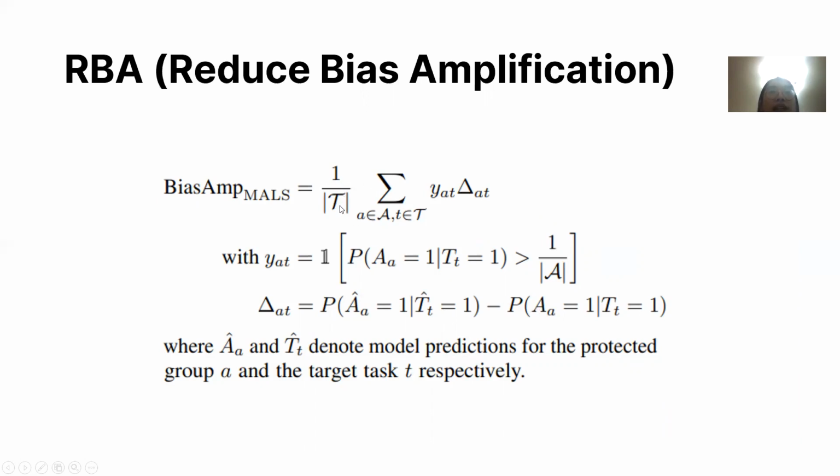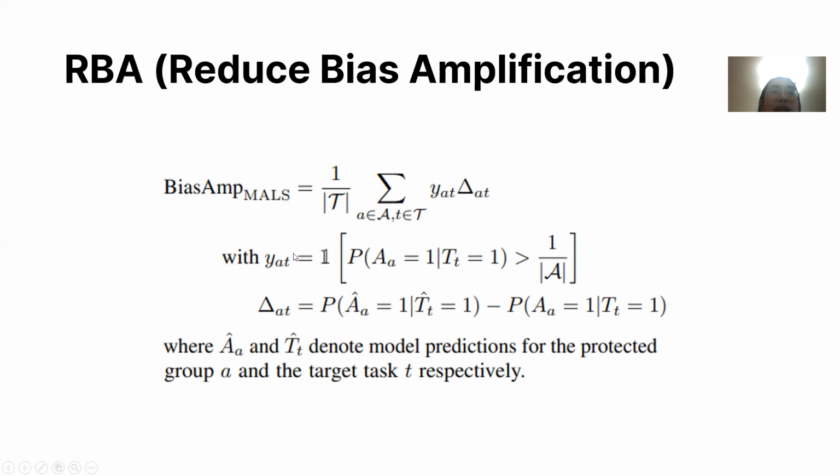It is defined as 1 over t, 1 over the number of tasks, and the summand is the difference of these conditional probabilities, given that some kind of positive correlation exists.